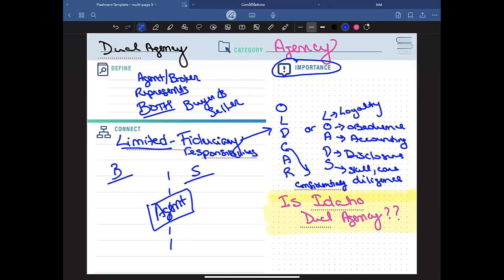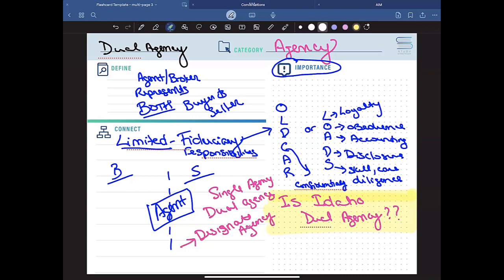And just to throw in some other words here, you've got single agency, you've got dual agency, and you've got designated. Do you know what designated agency is?